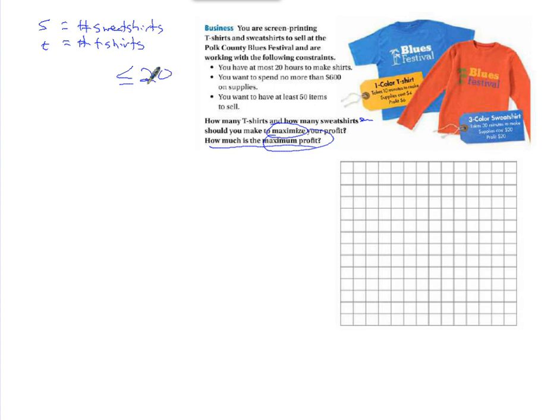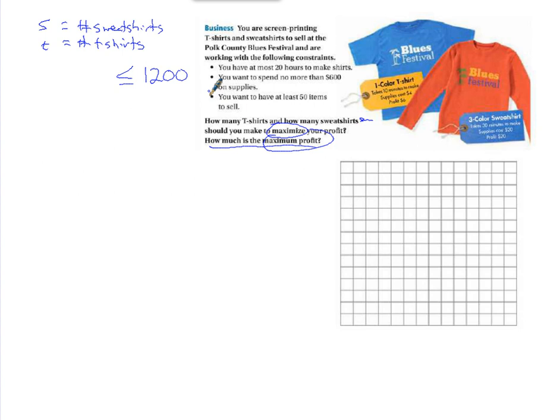So instead of 20 hours, let me erase that 20 hours and turn that into minutes. How many minutes are in 20 hours? There's 60 minutes in an hour. So that would be 1,200 minutes. I have 1,200 minutes to use.